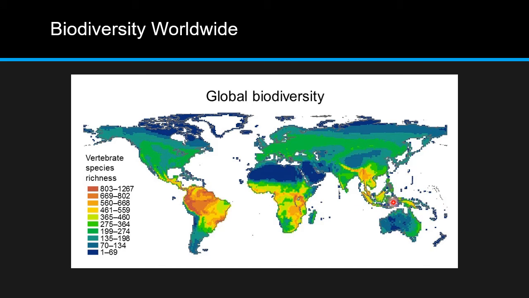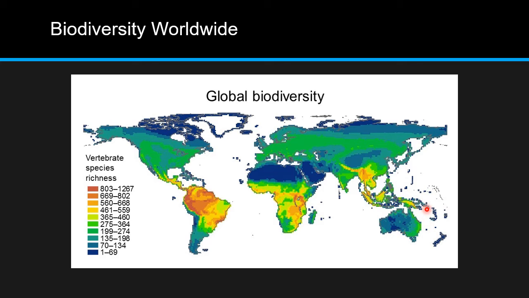And even though it's not shown on this map, in this area off the northeastern coast of Australia is the Great Barrier Coral Reef. This is an extremely high biodiversity area because it has so much life that it is known as one of the richest areas in terms of biodiversity on the face of the planet.